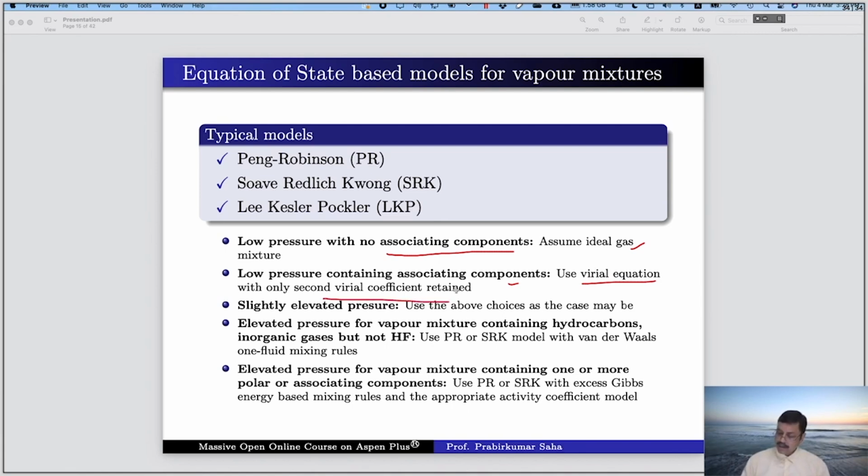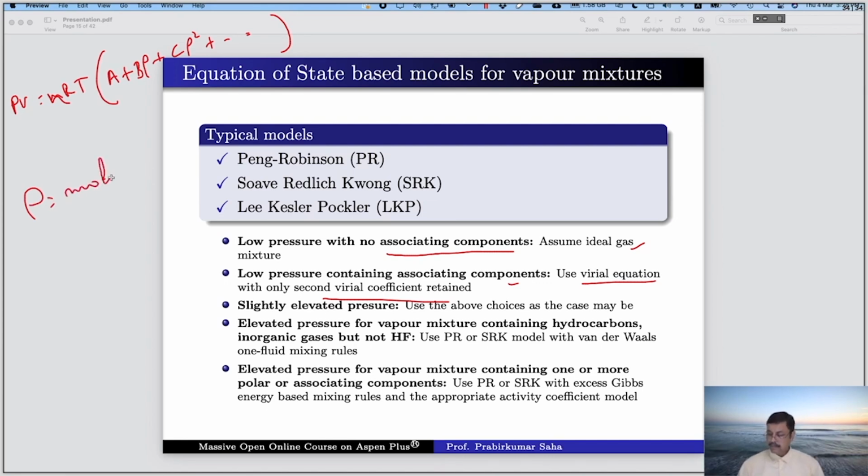What is the virial equation? For ideal gas law, we know it is PV equals nRT, and the virial equation is PV equals nRT times (A plus B rho plus C rho squared plus and so on), where rho is the molar density.